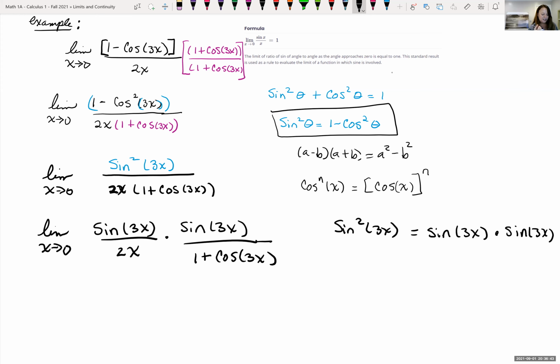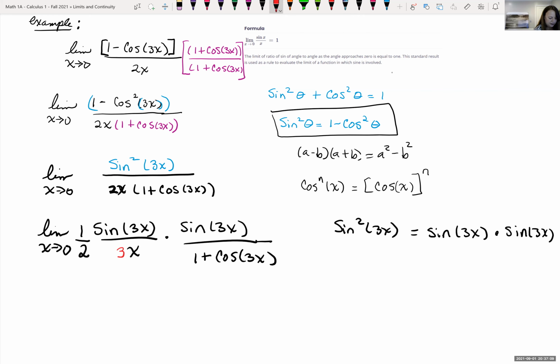So that first fraction almost looks identical. The only problem is I have a 2 down there in that denominator and not a 3, and I don't really want that 2 right there. So another thing I can think of is pull out a 1/2. We want that to be a 3 in front of that x.